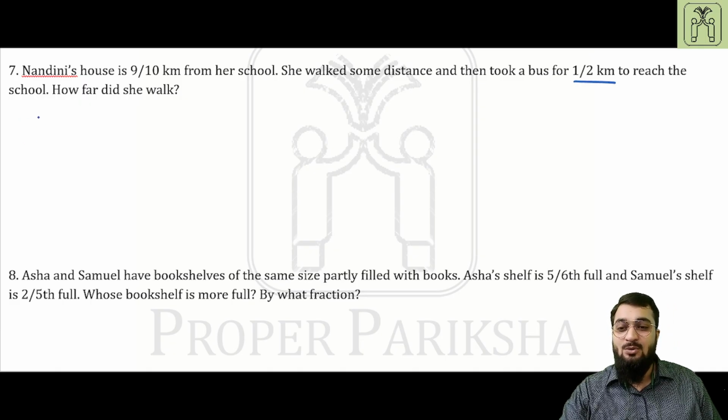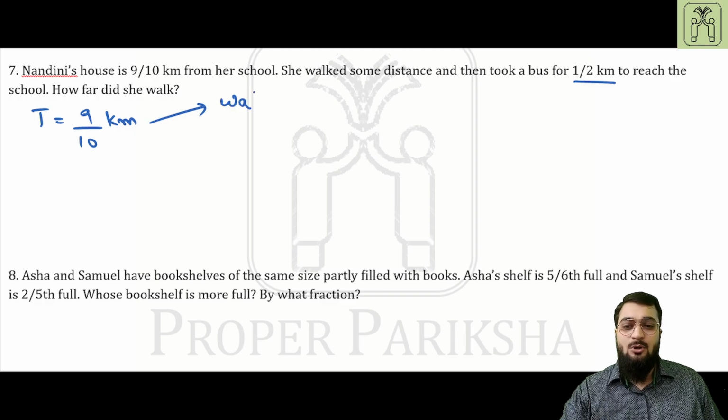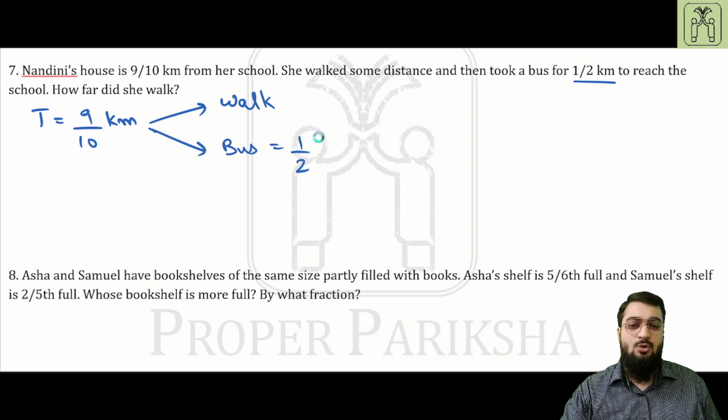So Nandini's house, the total distance is 9 upon 10 kilometers. She walks and she takes the bus. The bus is taken for 1 upon 2 kilometers. What is the distance of the walk?